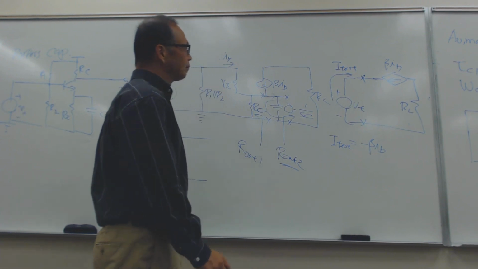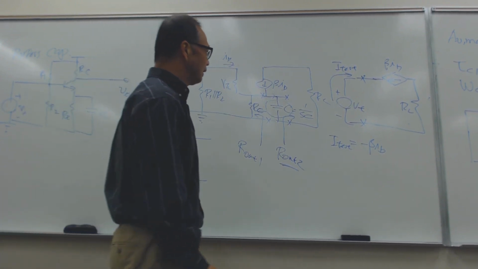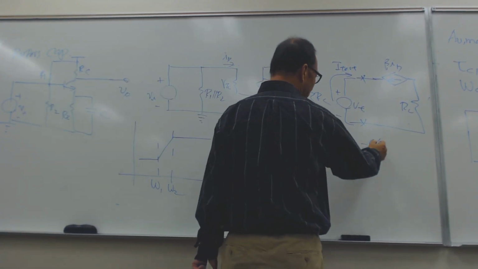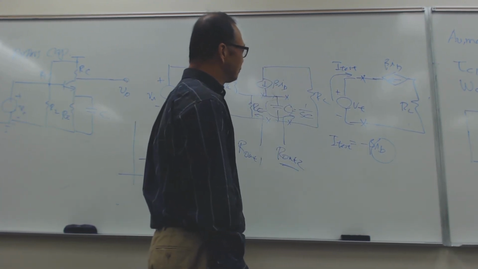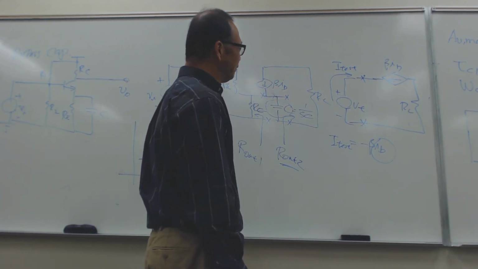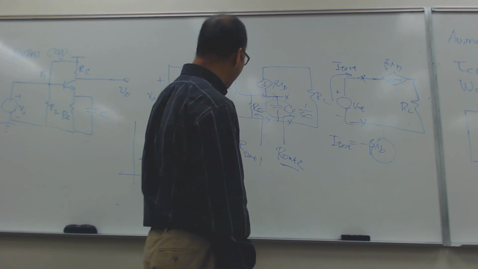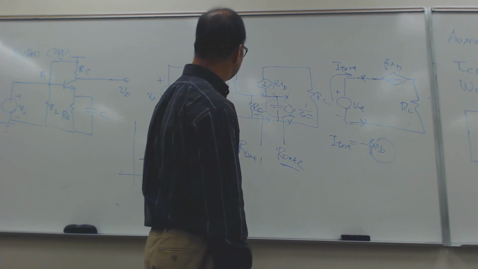According to that. Then now the question is, what is this? Wouldn't that just be V test over R pi, because there's no multiple sources on the left side, right?